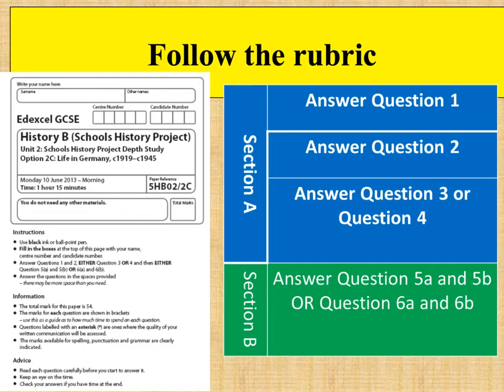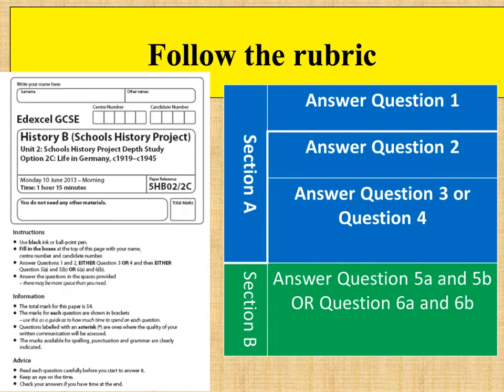So here follows some top tips and general good advice about how to tackle the Unit 2, Life in Germany exam. Firstly, you need to follow the instructions for the exam. The exam is divided up into two sections, Section A and Section B. In Section A, you must answer question 1, question 2, then you've got a choice between answering question 3 or question 4.